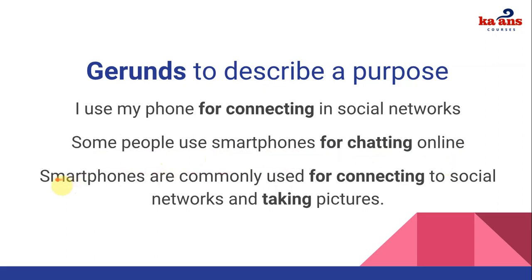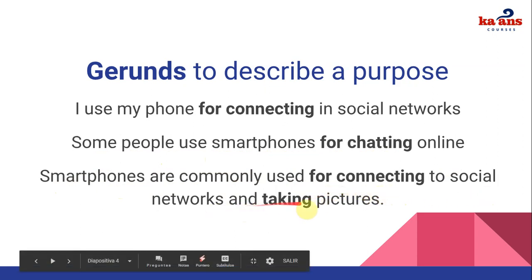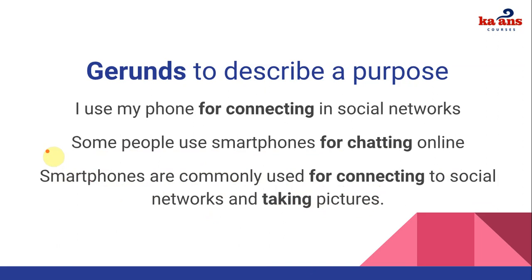And number 3, smartphones are commonly used for connecting to social networks and taking pictures. Alright? So every time you want to give reasons, purpose, information about a specific object such as smartphones, well, you can use these examples to describe that purpose.